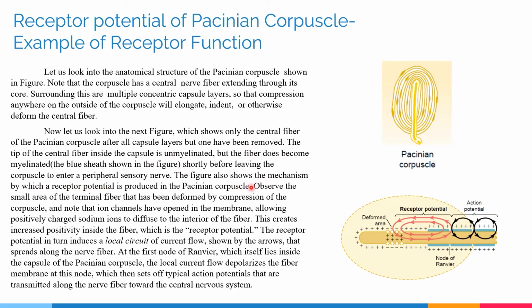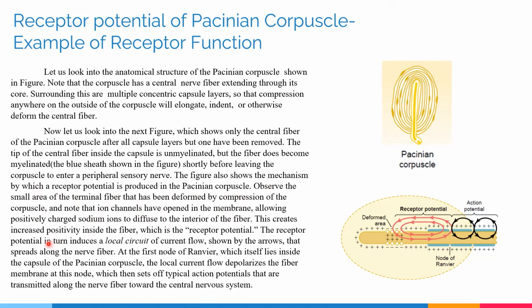The figure shows the mechanism by which a receptor potential is produced in the Pacinian corpuscle. Observe the small area of the terminal fiber that has been deformed by the compression of the corpuscle. And note that ion channels have opened in the membrane, allowing positively charged sodium ions to diffuse to the interior of the fiber.